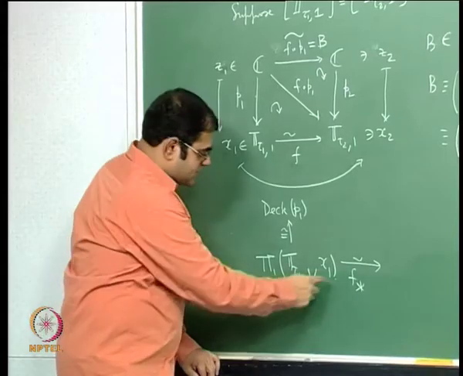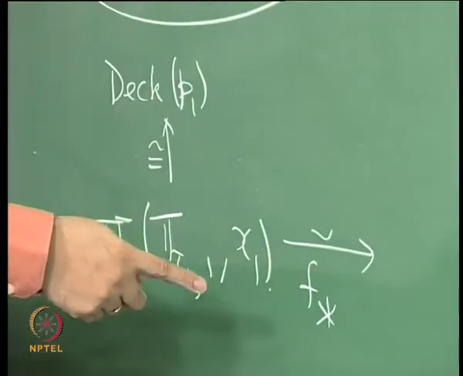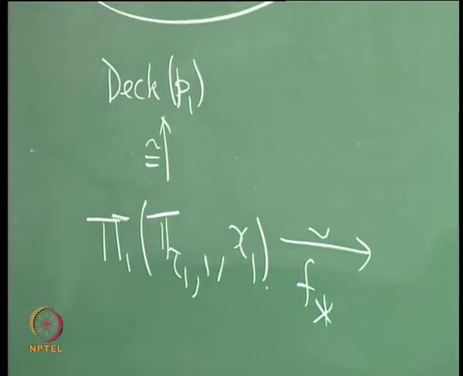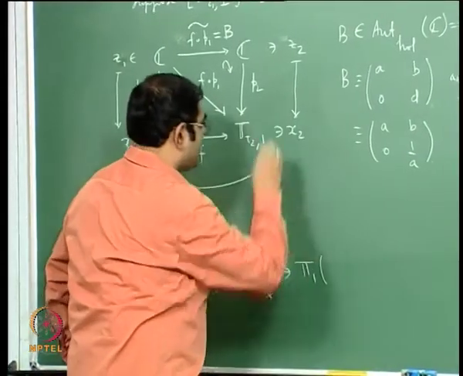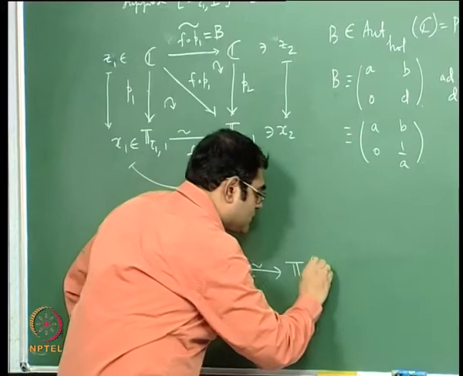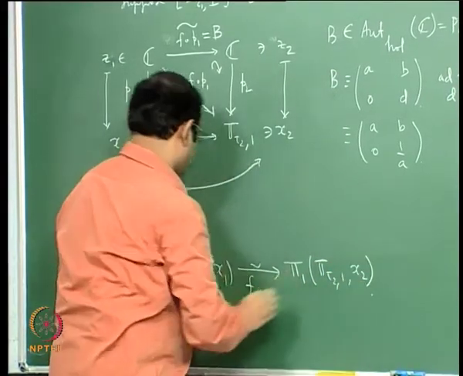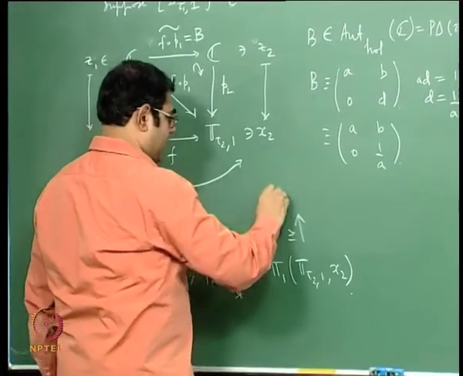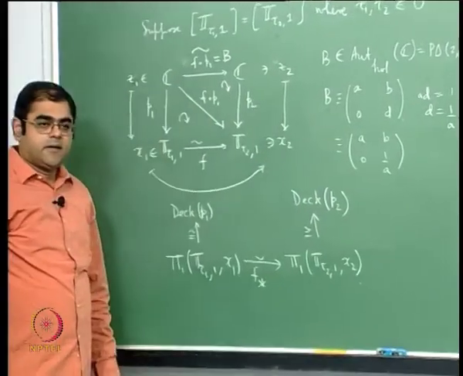So this F lower star is what you get naturally because the formation of the fundamental group is functorial. Here I will get the fundamental group of this other torus T(tau 2, 1) based at x2, which is identified with the deck transformation group of P2.